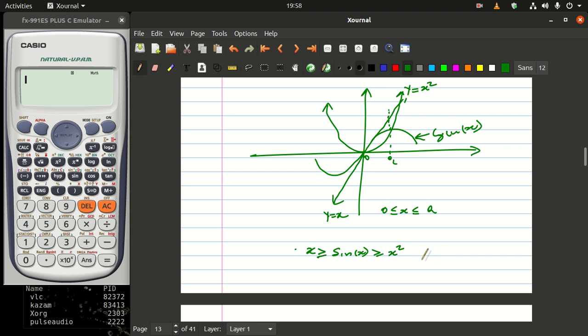So if I am now dividing by x throughout, I'll end up having 1 is bigger than or equal to sine of x divided by x, greater or equal to some x, because when I'm dividing here, the x will actually be gone.